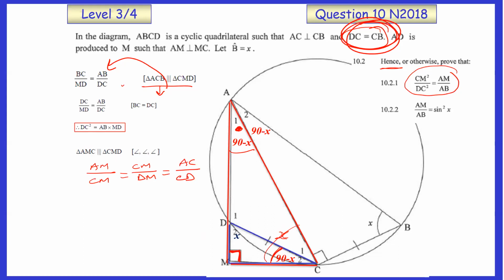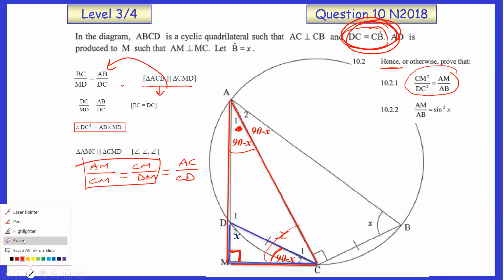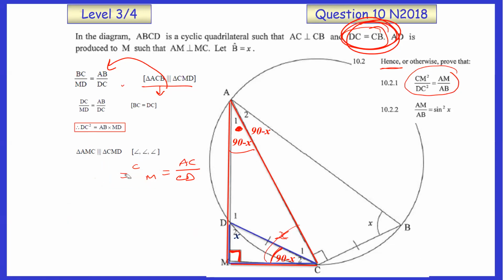And guess what? I want to use this too. Because what will happen if I use that too? We'll get the CM squared we're looking for. Can you see that? Yes, sir. Okay, so I'm going to delete that just to give you some background. So if you write down your ratios, that's the two ratios I'm interested in.